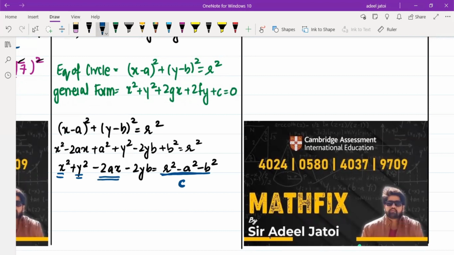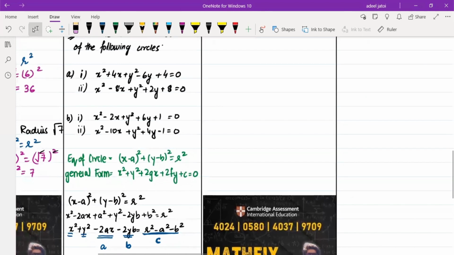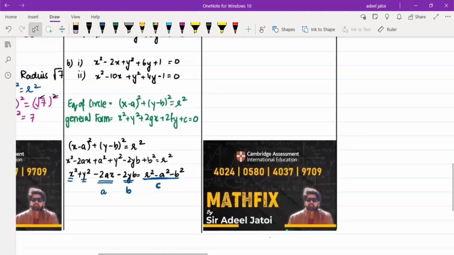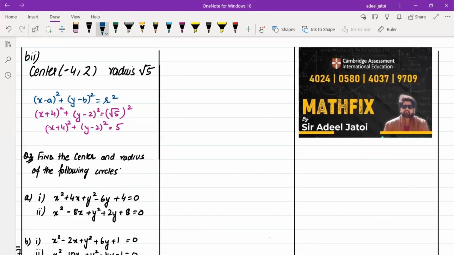But from here, you will get center a, and from here you will get center b by comparing with the given question. Now, your given question is x square plus 4x plus y square minus 6y plus 4, right? So if we compare this with x square plus 4x plus y square minus 6y is equal to minus 4. Let's do it that way.